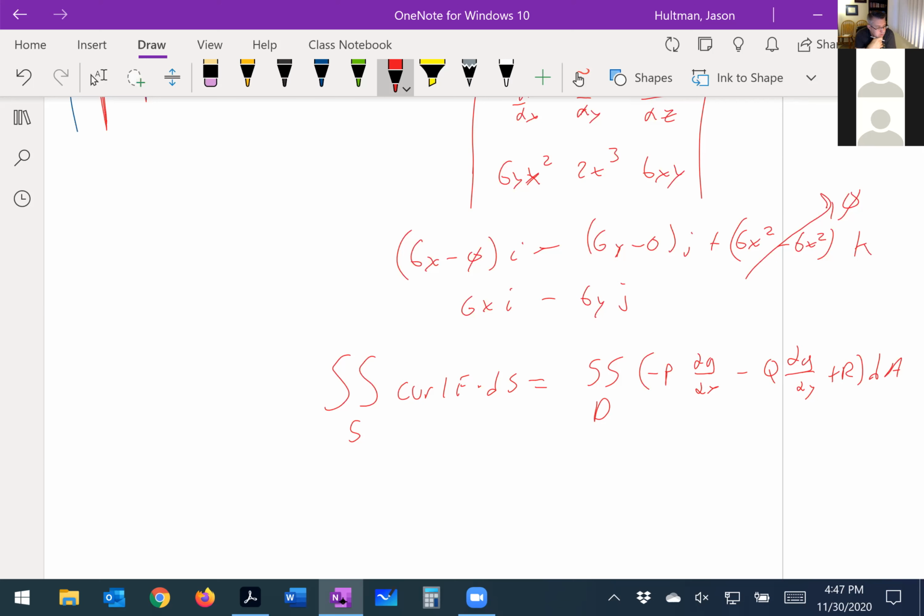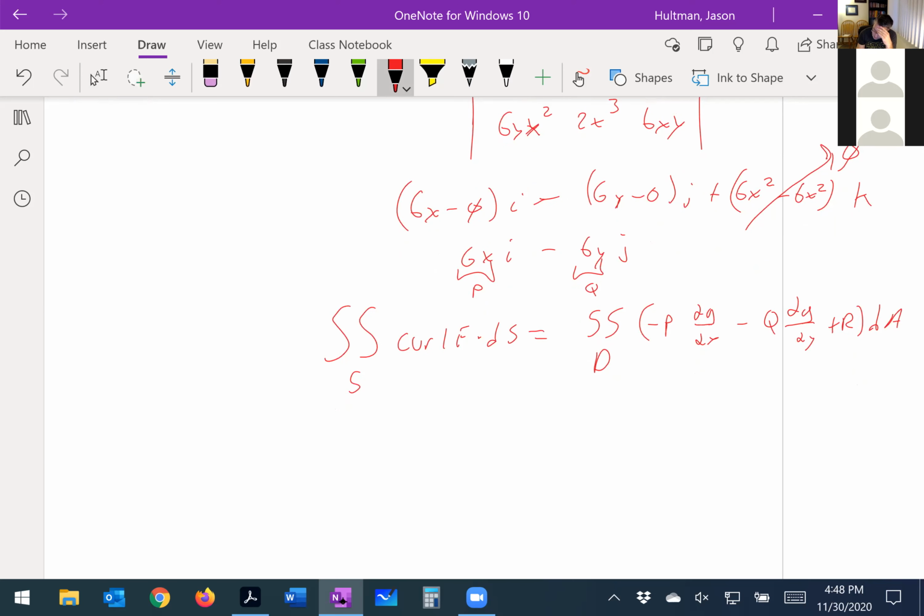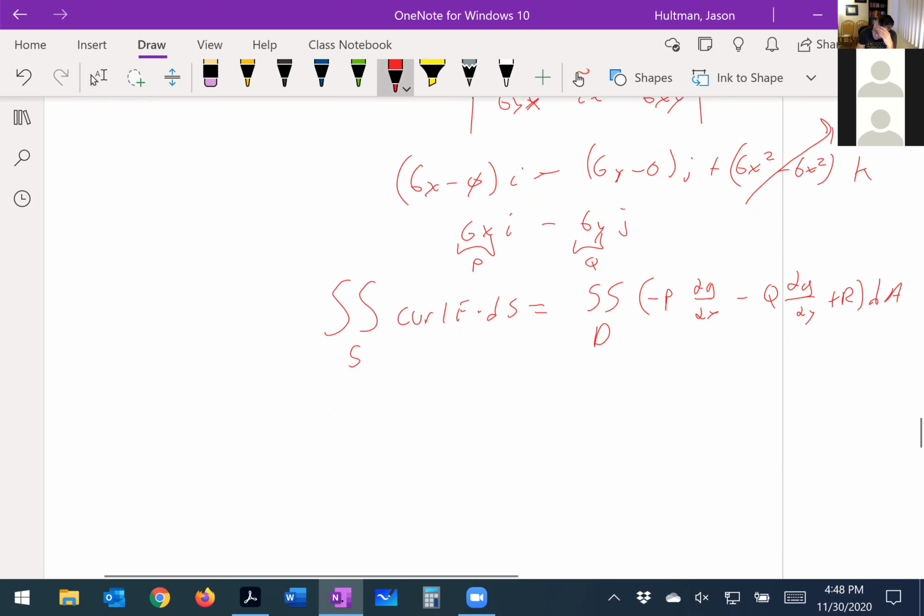This is similar to one that we did in class, where P, Q, and R all come from the curl. And what's g? It comes to us from z. z is equal to y squared minus x squared, and we can call that g of x, y.